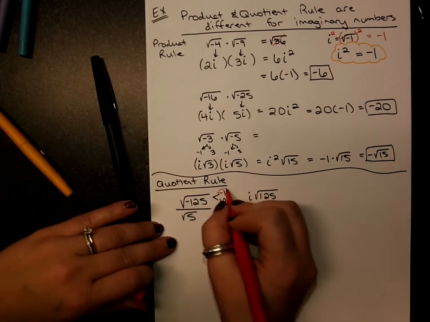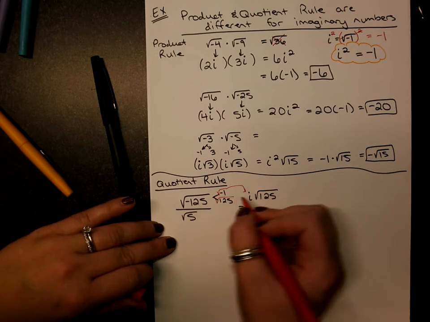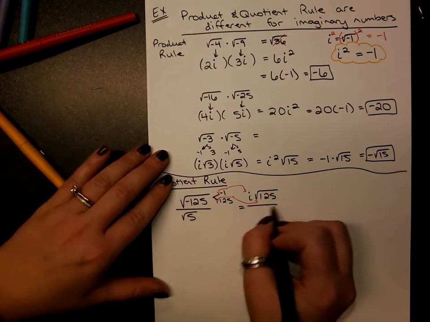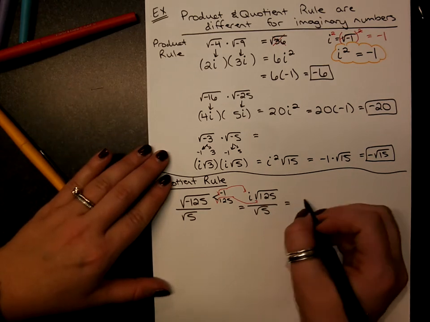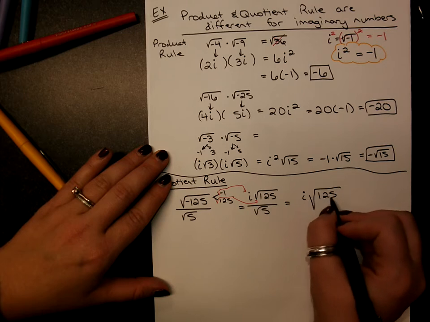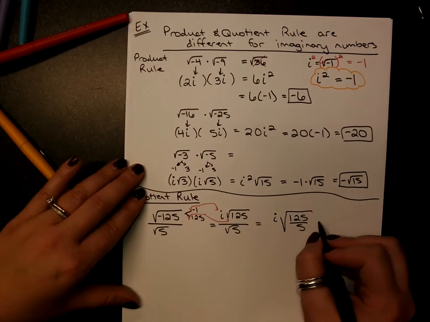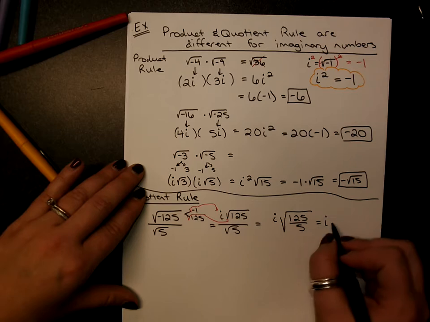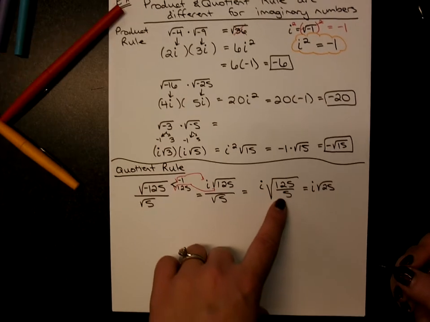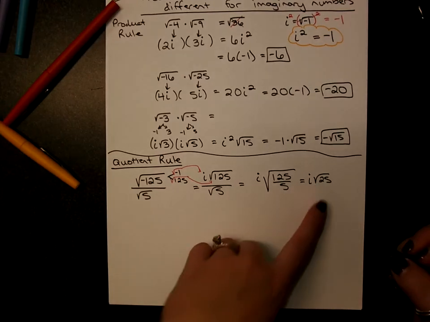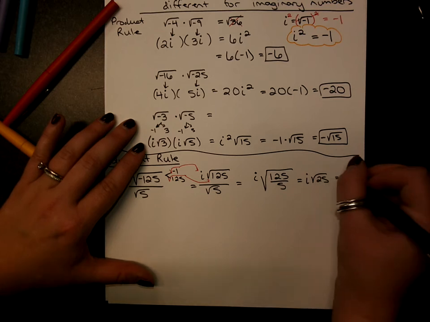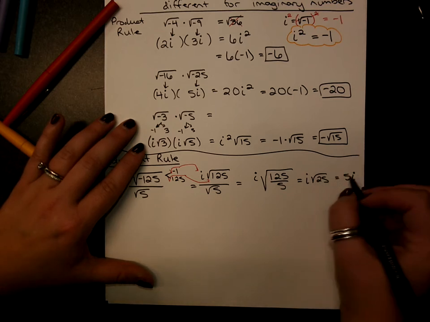So the square root of negative 1 is i, and the square root of 125 stays there. And then divided by radical 5. I'm going to leave that i out front. I'm going to turn this into the big square root of 125 divided by 5. That becomes i times the square root of 25. 125 divided by 5 is 25. And you have i. And the square root of 25 is 5, and then i.